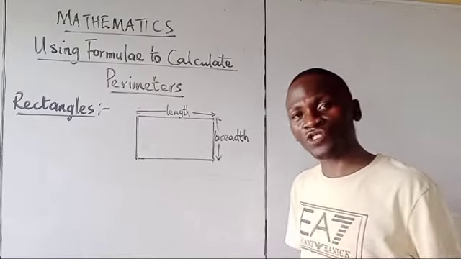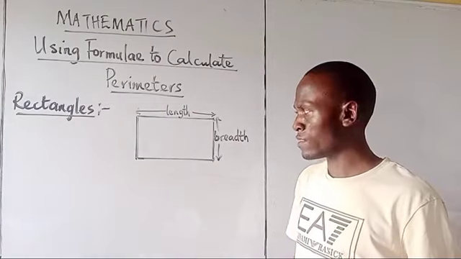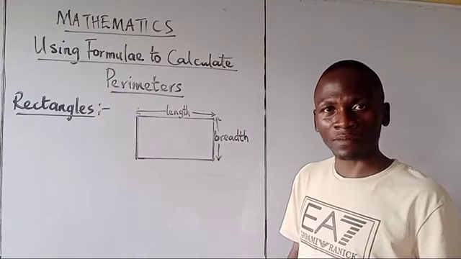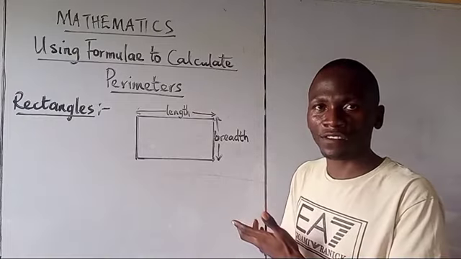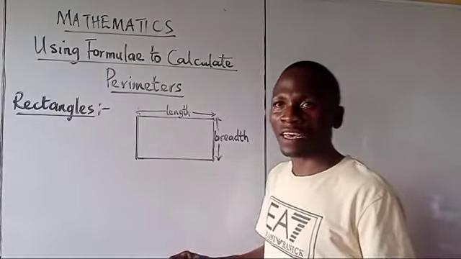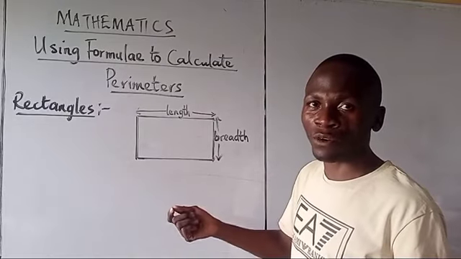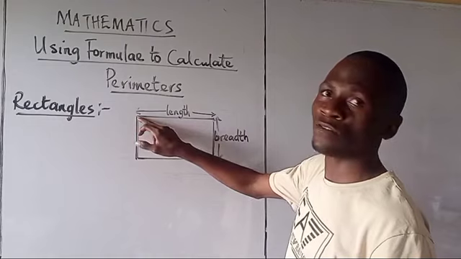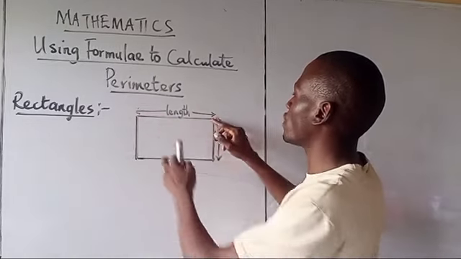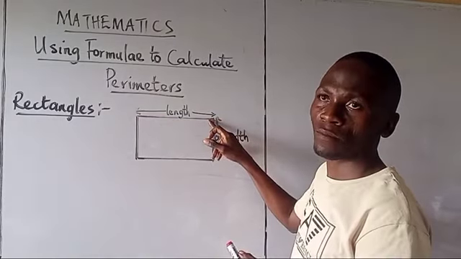Now, from the definition we had in the previous class, to determine the perimeter of a shape like this, we are going to take our meter rule, our ruler, to measure from this vertex to this vertex here.